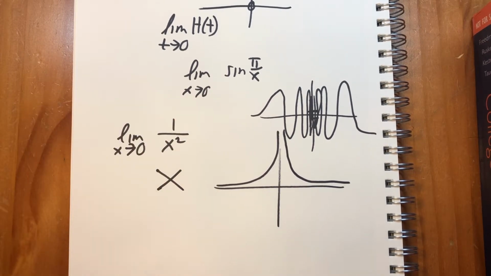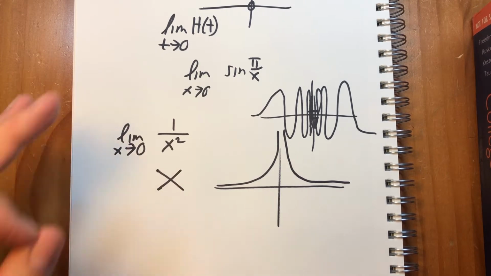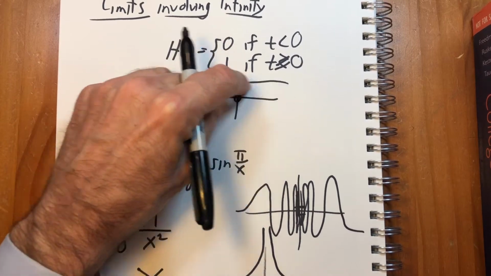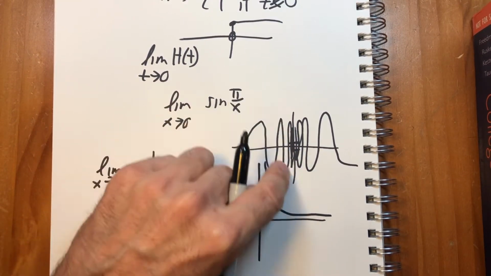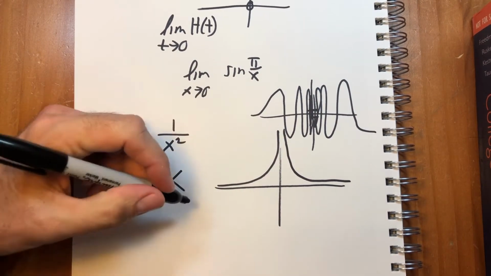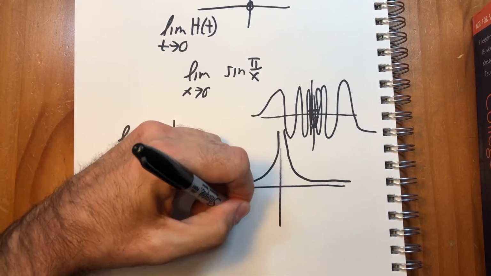But what we're going to look at today is that this limit does not exist in a particular way. This limit is different from the first two we looked at. It's not just a step function, and it doesn't just weirdly not settle on a value. Something else is going on here. To indicate this kind of behavior, we write that the limit equals infinity.